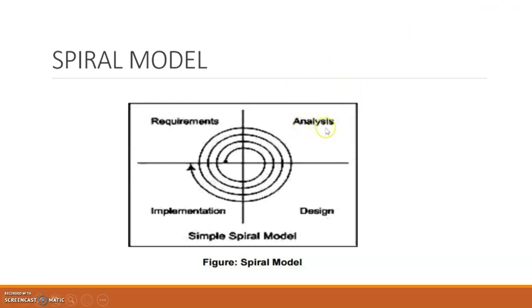Then there will be analysis, where the product is analyzed based on the input, processing and the output. Then there will be design, that is, transforming the requirements into a representation form. Then there will be implementation. This happens multiple times, so it is like a loop structure, which is the spiral model.